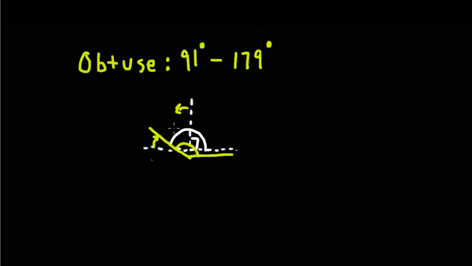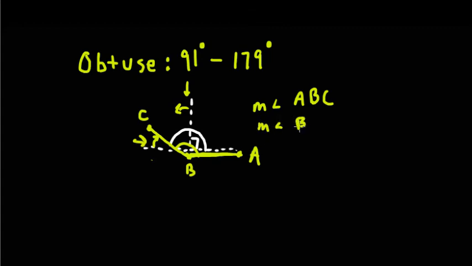Any angle that falls between 91, which is right here, and 179, which is right here, if we are starting from point A. You can say that's B and that is C, so we would say the measure of angle ABC, or we could just say the measure of angle B. That's obtuse.